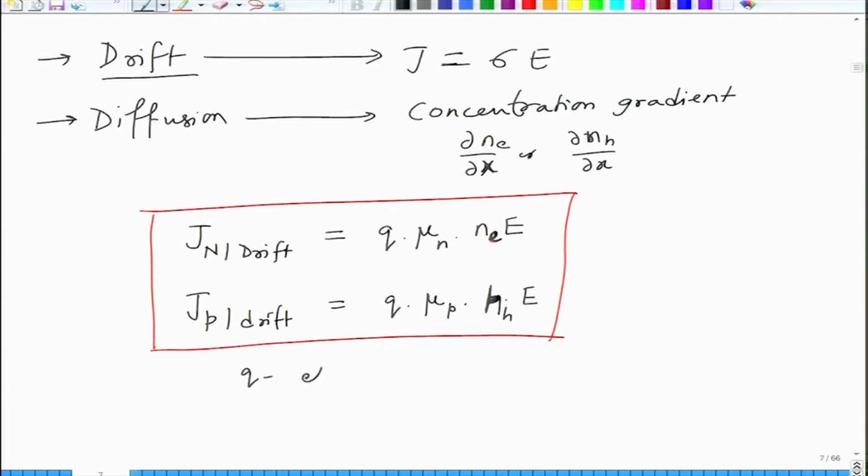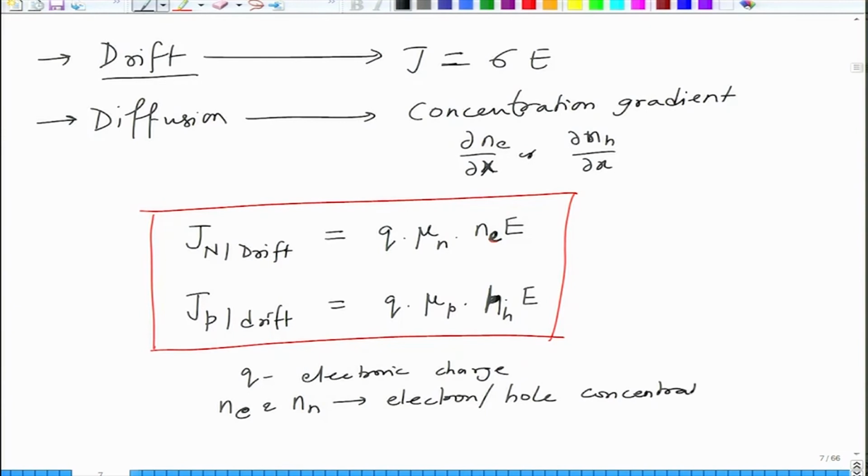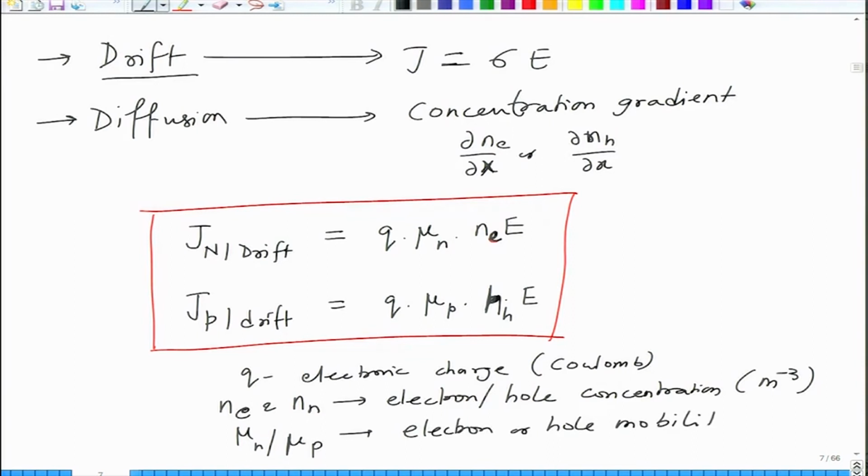So, q is the electronic charge, in Coulomb. Ne and Nh are the electron or hole concentration, typically in per centimeter cube or per meter cube. Mu n and mu p are electron or hole mobilities, which is basically e tau divided by m, okay.